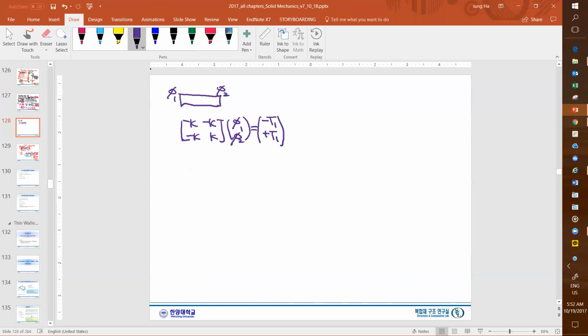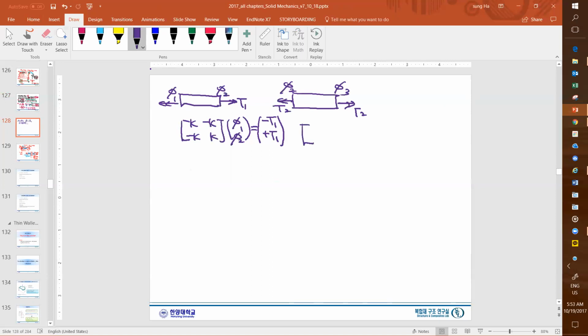Now, the second one. Here, as you can see, we have T1 and T1. And for the second one, we have rotations phi2 and phi3, and here the torsions will be T2 and T2. In this case, we can simply use the left-hand side.